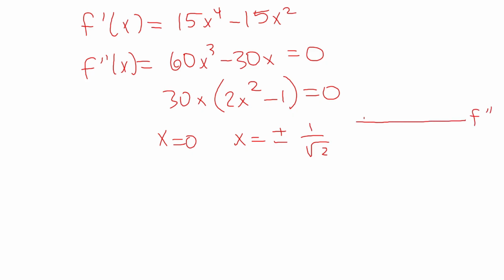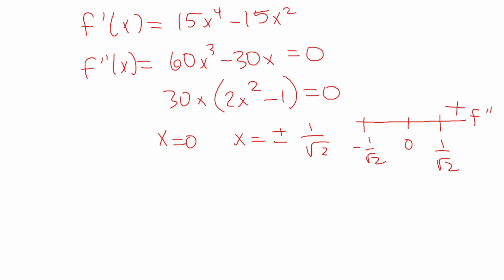So we've got -1 over root 2, 0, and 1 over root 2, or not at those places, but at the intervals between those. So something more than 1 over root 2, like a billion, is going to make both of those things positive. We concave up. Something between 0 and 1 over root 2 is certainly positive.